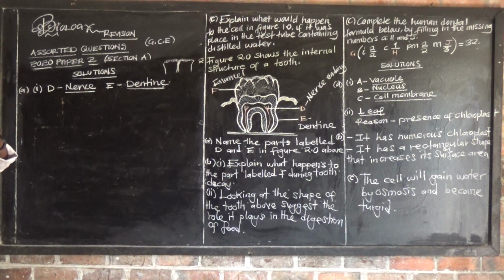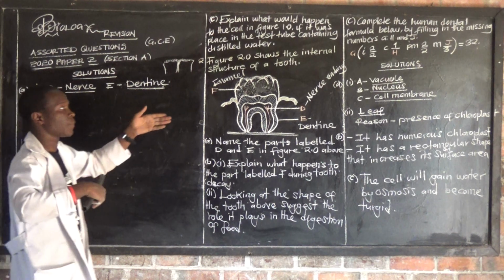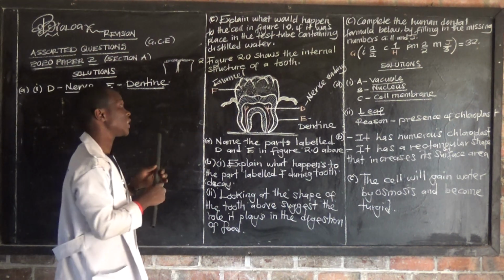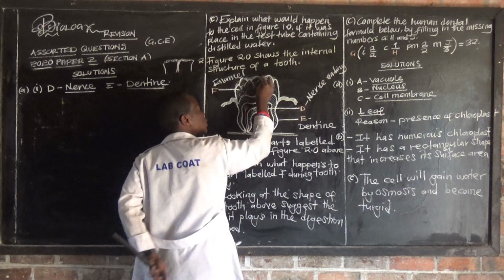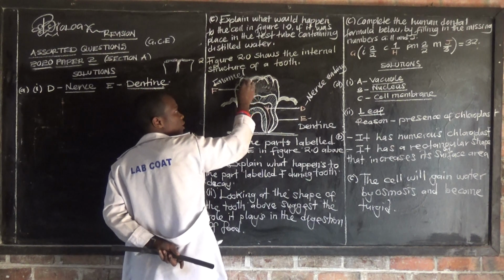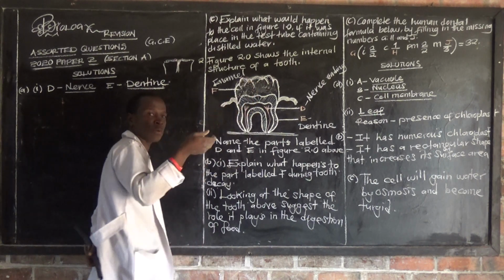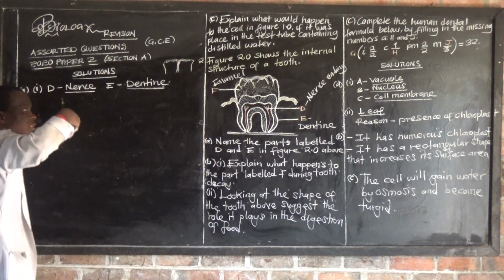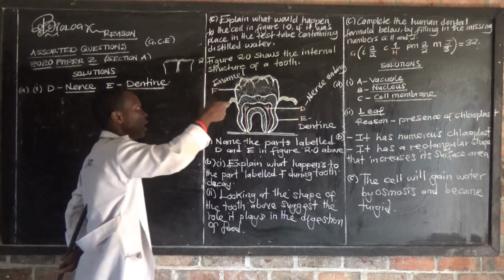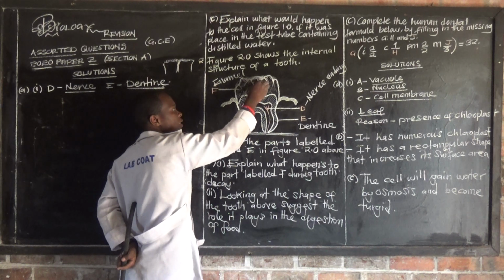In that fermentation, remember, the product is acid. That acid will start dissolving this enamel, the calcium salts which make up this enamel. As the calcium salts are being dissolved by the acid, the cavity will start developing.